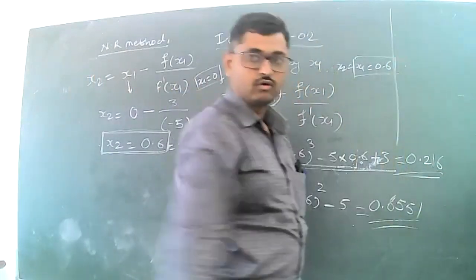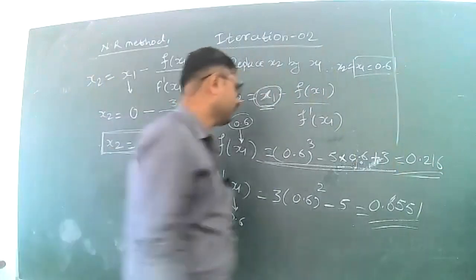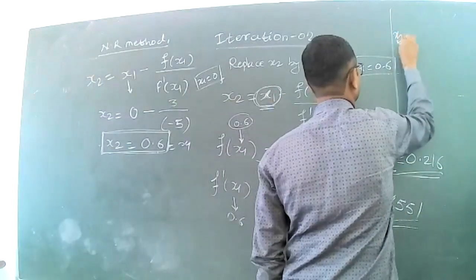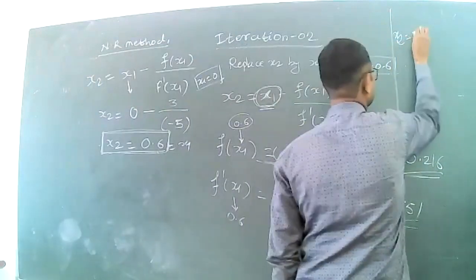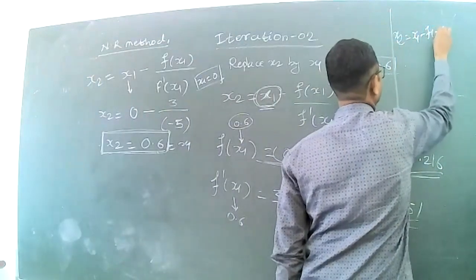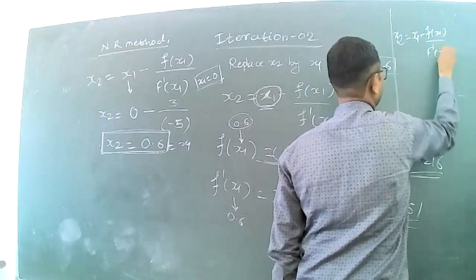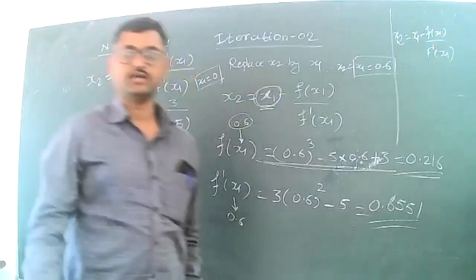Next step: again find x2. The formula is x2 is equal to x1 minus f of x1 upon f dash of x1.